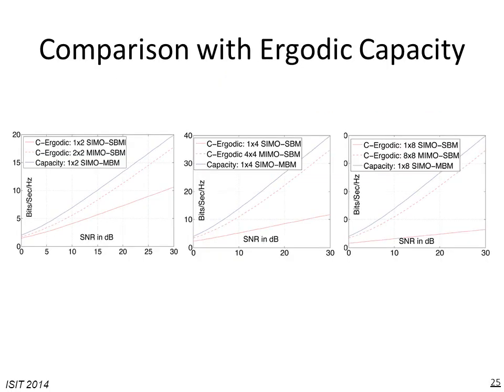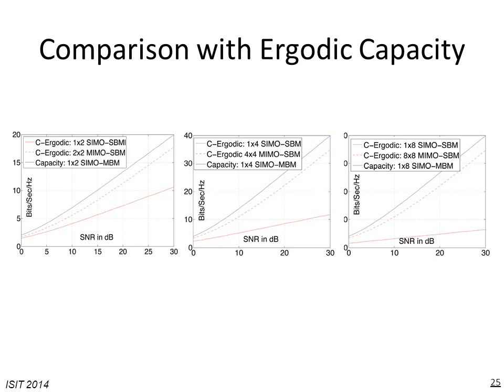Here I have some comparisons in terms of the ergodic capacity. The ergodic capacity for the legacy system, which here is shown by SBM, meaning source-based modulation, is the capacity corresponding to water filling over eigenvectors, and essentially it's an unfair comparison to media-based because it's the best capacity that the legacy MIMO or SIMO system can achieve.